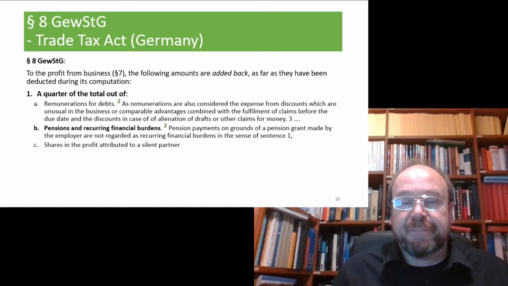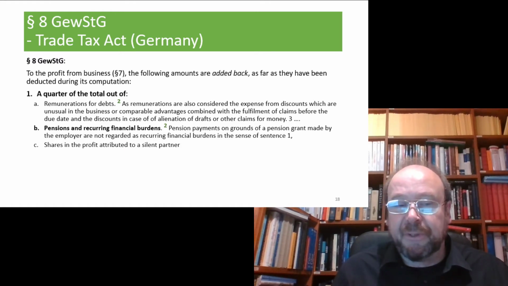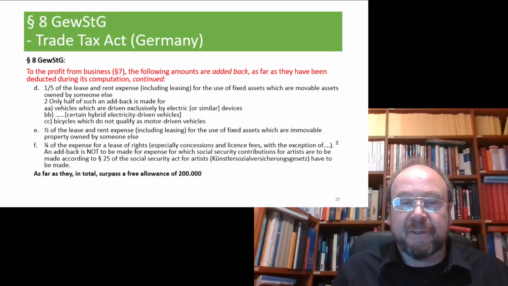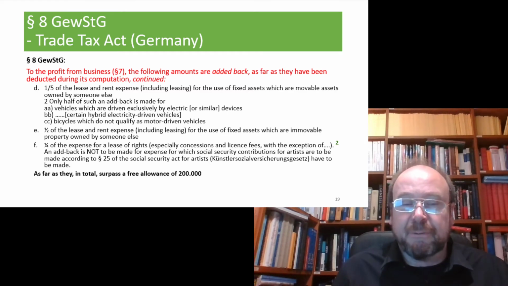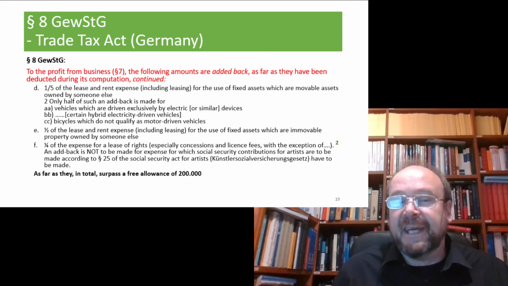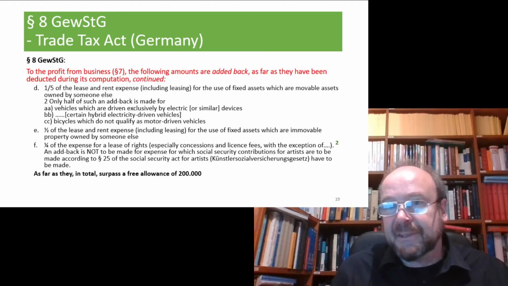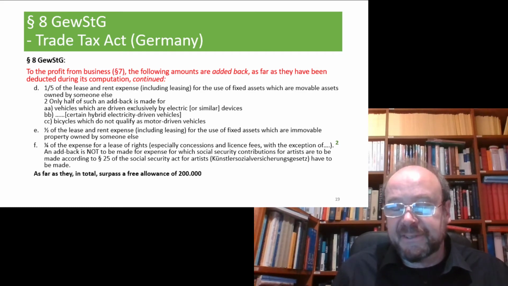Remunerations for debts, pensions, and recurring financial burdens, shares in the profit attributed to a silent partner, 1/5 of the lease and rent expense for the use of fixed assets which are movable assets and owned by someone else, 1/2 of the lease and rent expense for the use of fixed assets which are immovable property, 1/4 of the expense for release of rights, blah blah, and so on, as far as they surpass a free allowance of 200,000.